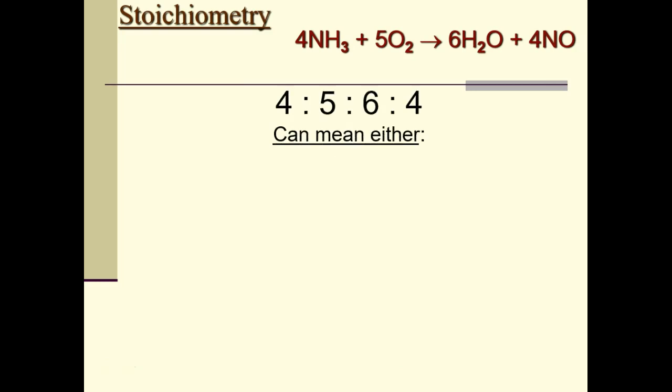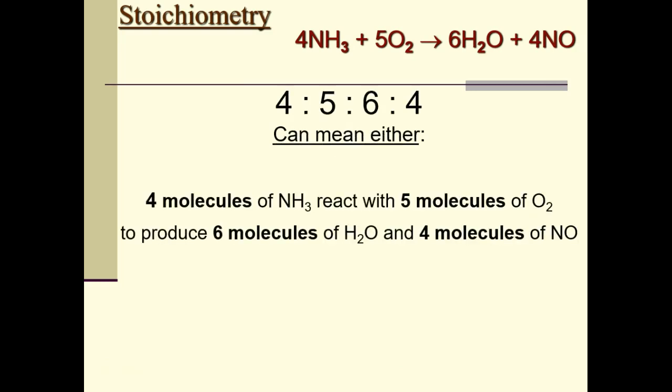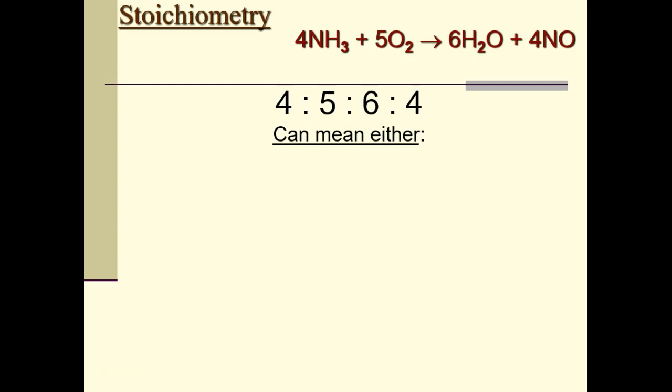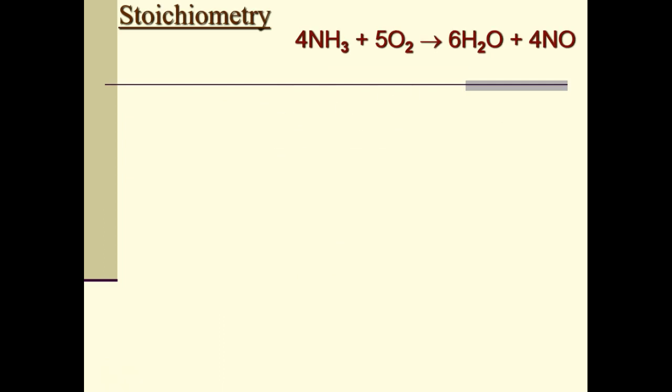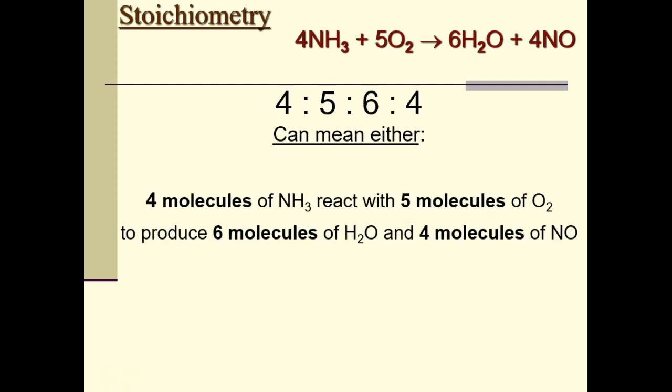So it can mean a ratio. Let's say you have a 2 to 1 ratio, it means that you have to have 2 of these to 1 of these to make this work, right? Well, that's what's happening in stoichiometry also. So there are 2 ways you can look at it.